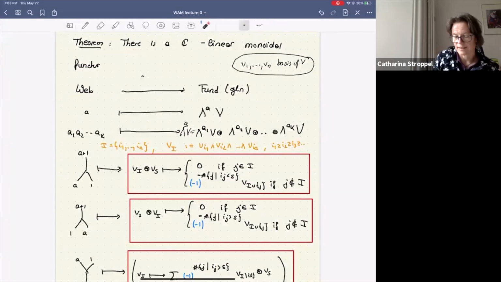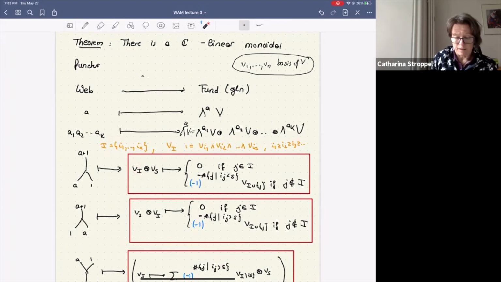I just take a vector, which is just a wedge product of basis vectors with some indices here. These indices I form into a set. And because it's wedge, I want to order them so that the big indices come at the front and the small indices come later. And of course, if two indices agree, then this will be anyway 0 in the wedge product.